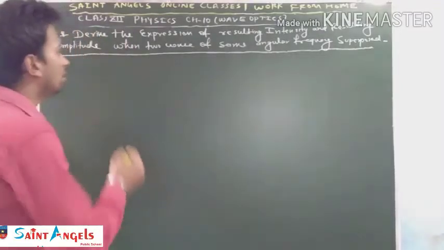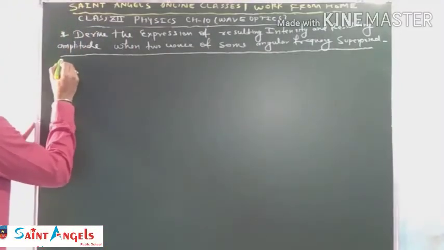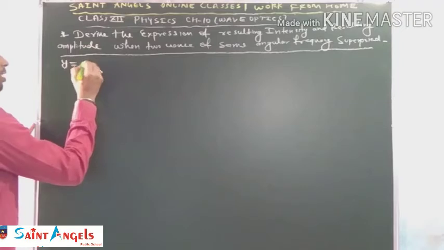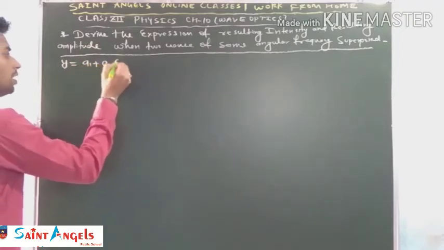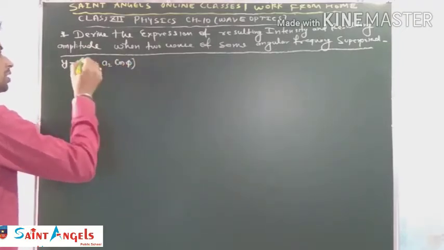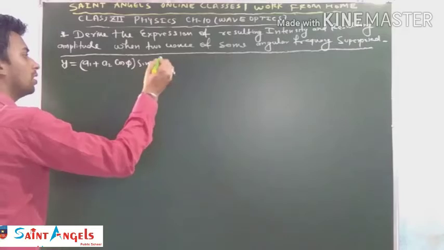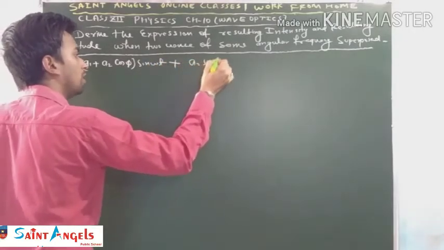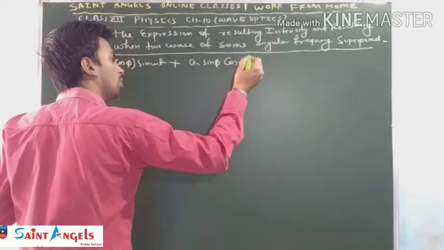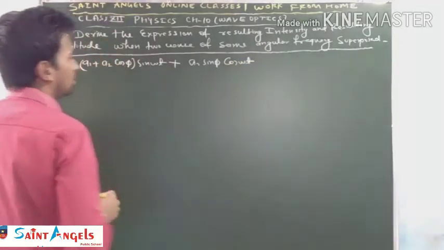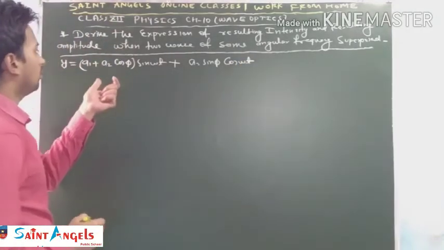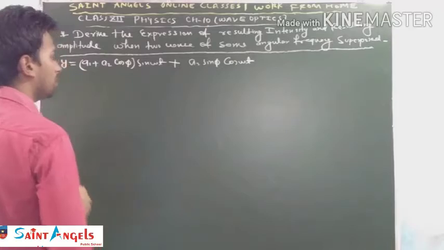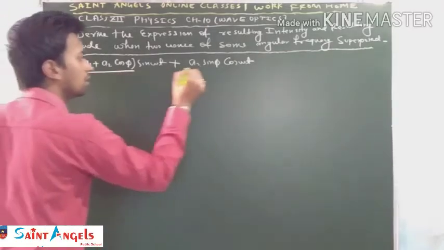Now student, from equation three, y equal to (a1 plus a2 cos phi) sin omega t plus a2 sin phi cos omega t. Now we have to solve this mathematical expression.